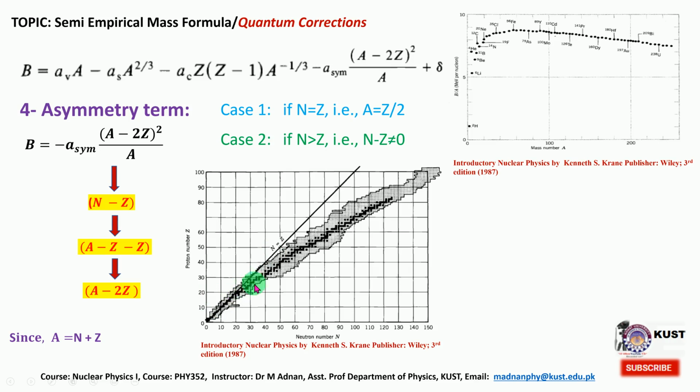But once the A number or the nucleon number is larger, there should be an asymmetry between the proton number and neutron number to get stability. So the first thing we have discussed is that this pattern shows the stable elements.